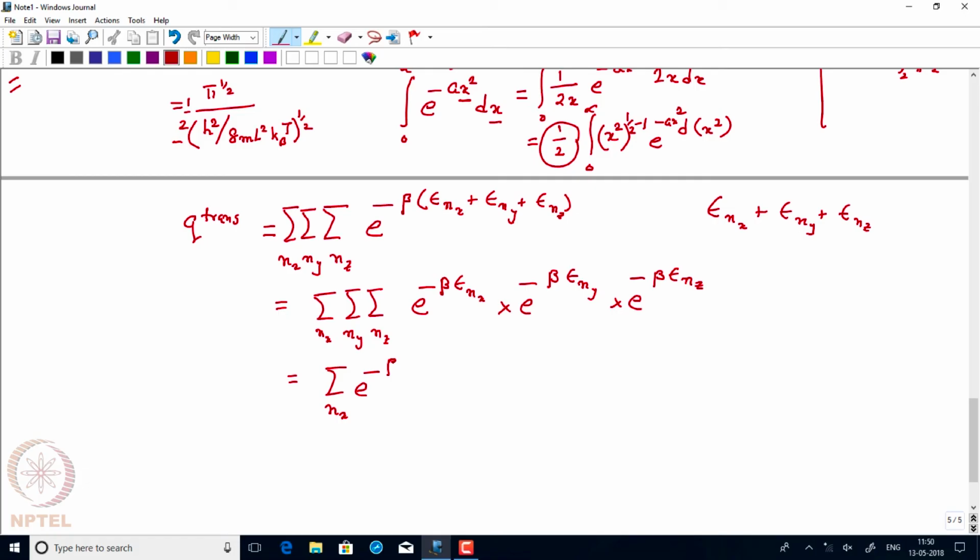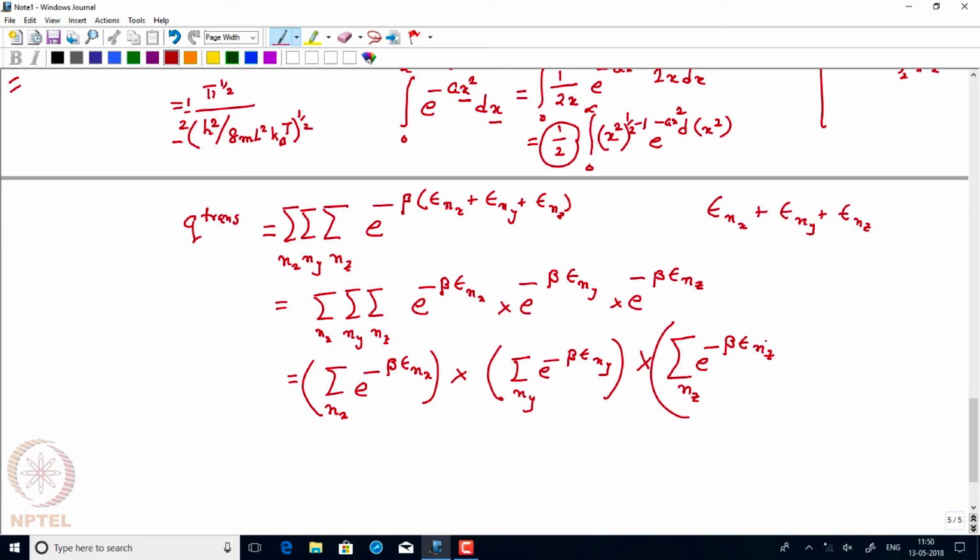So it will be the sum over nx of e to the power minus beta epsilon nx, times the sum over ny of e to the power minus beta epsilon ny, and similarly I'll also have the nz term, e to the power minus beta epsilon nz.